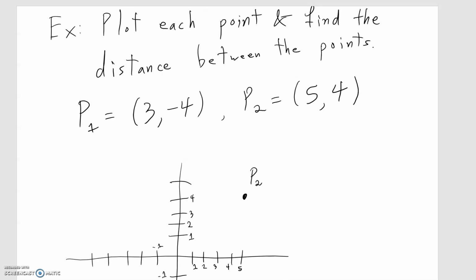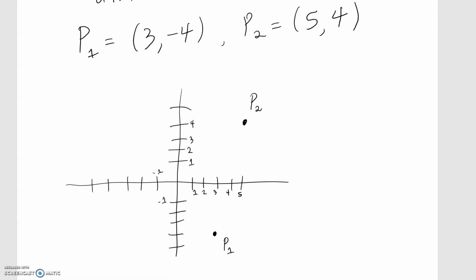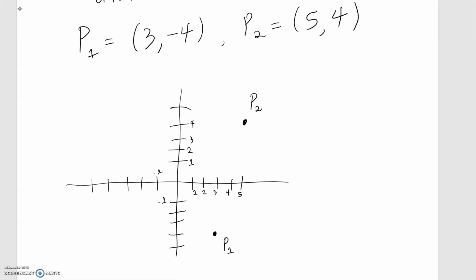Scrolling back up to the question, this question asked me to plot each point, which I did, and to find the distance between the 2 points. So I'm not finding the line that connects these 2 points. I'm finding the distance between the 2 points. We're going to get into lines in a later section in tomorrow's lecture.